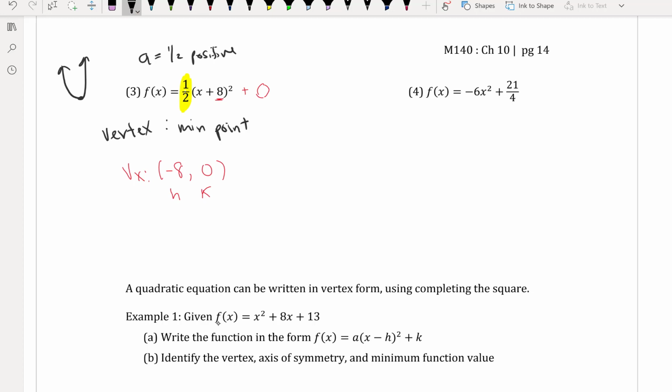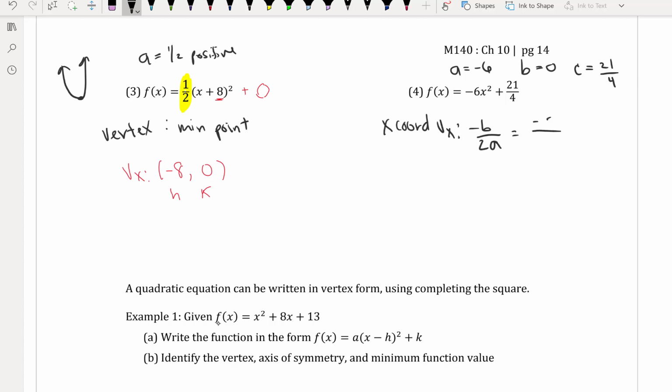And for this problem here, you're going to have to perhaps use that formula. So to get the x coordinate of the vertex, you use -b/2a. So here, my a is equal to -6, my b is equal to 0, and my c is equal to 21/4.